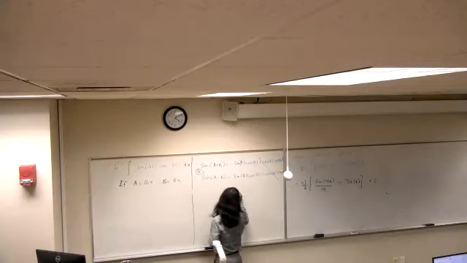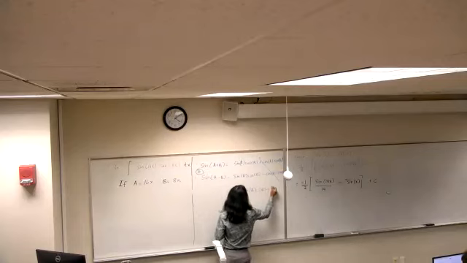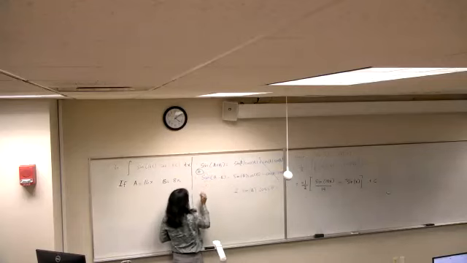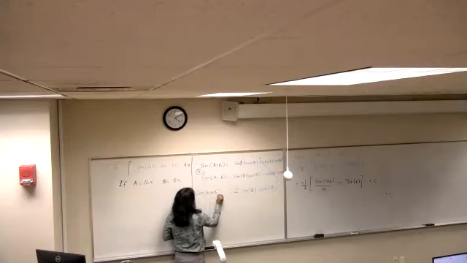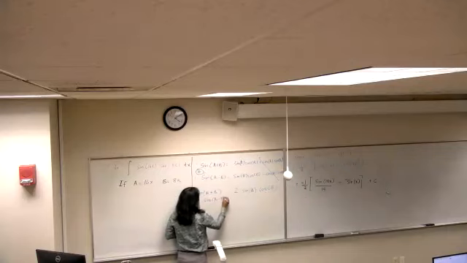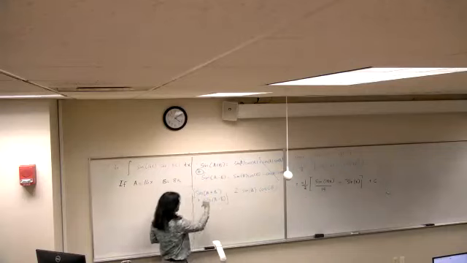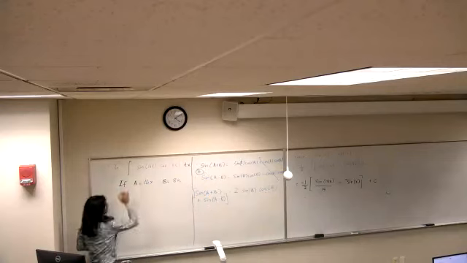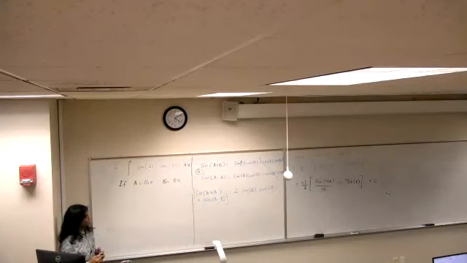2 sine A cosine B would equal the sum of those two. I divide by 2, I can rewrite that expression.